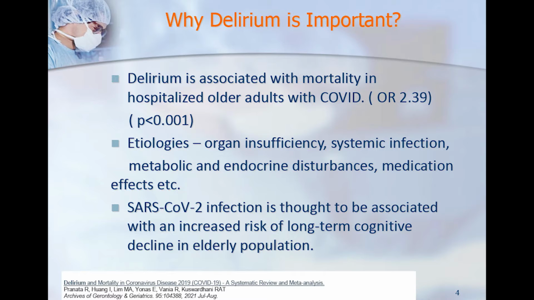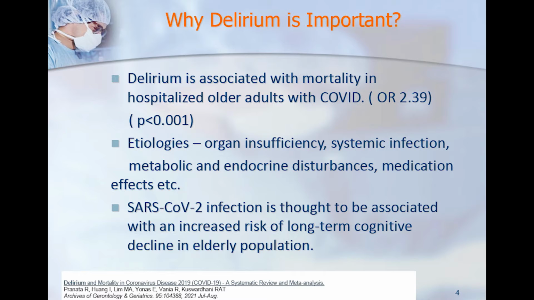So this is important data. It's a very recent study, because there are more and more studies coming out. If you look at the odds ratio, it is 2.39 with a very reliable p-value. So the COVID patient, and the question is, why do they develop delirium? As you know, in COVID patients in general there are so many etiologies.